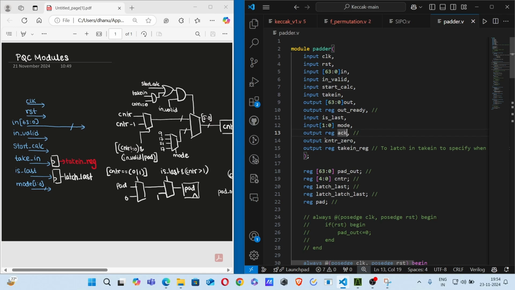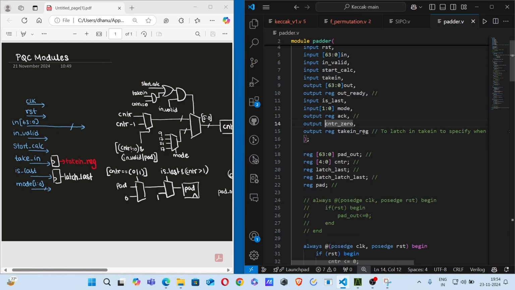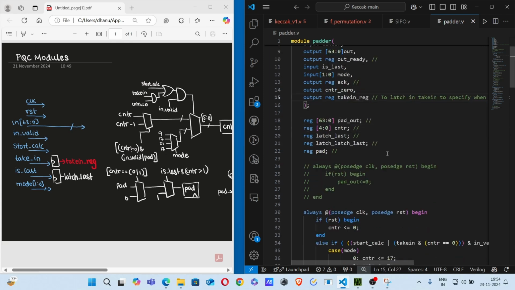There is an output called counter 0, which goes to the CPO module, essentially to signify when to stop shifting in data to the CPO. And there is another output called take-in edge, which is just a delayed version of take-in. This delay was required for the F permutation module to handle timing issues.